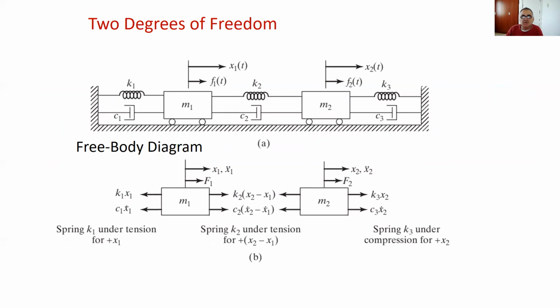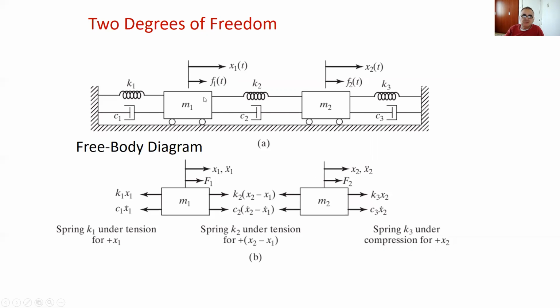Let's try to derive the equation of motion for the most general case. The masses are connected with springs. There are three springs and three dampers connecting masses to the ground and masses to each other. And there are external forces. We write Newton's equations of motion for each mass, displacing each mass an amount of x1, and then we write the forces and their directions.